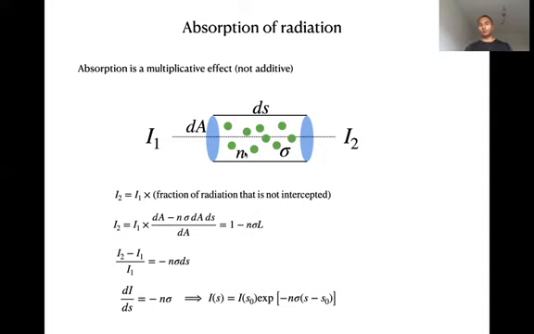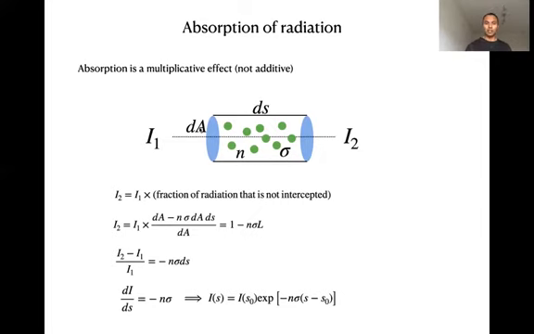So let's say the volume density is N and the individual cross-sectional area of a sphere is sigma. So N times dA times ds is volume density times volume. So that's the total number of particles here. So N times dA times ds times sigma is the total combined cross-sectional area of all of these particles.